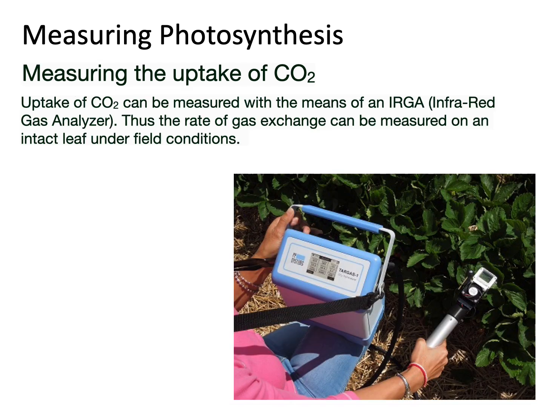So with the first one, there's an instrument that's an infrared gas analyzer that can measure vibrations of molecules within a gas. So it's taking advantage of some signatures of CO2, where you can in real time measure the amount of carbon dioxide that's being taken up by living plant tissue.